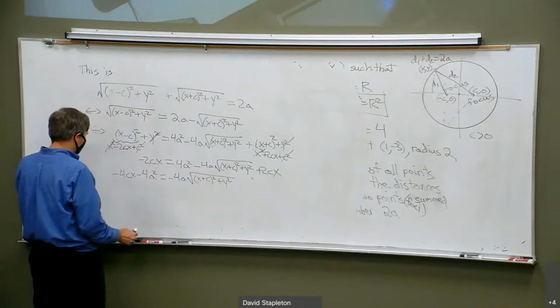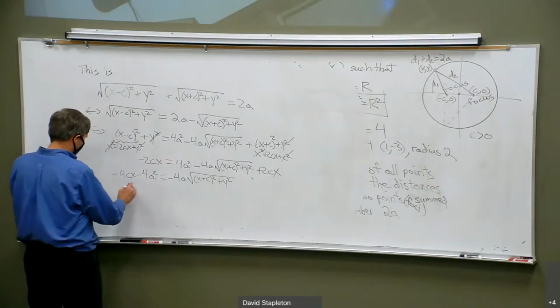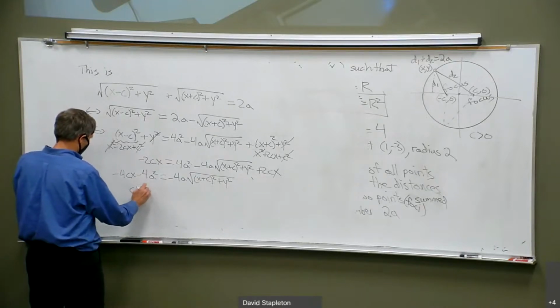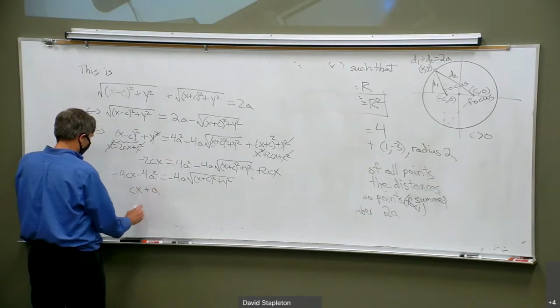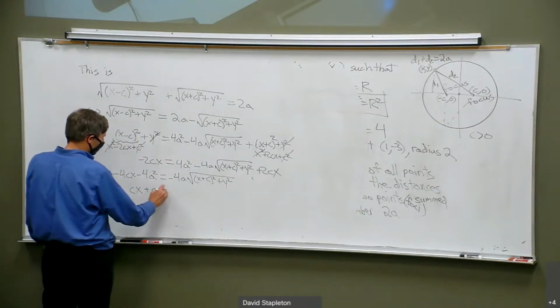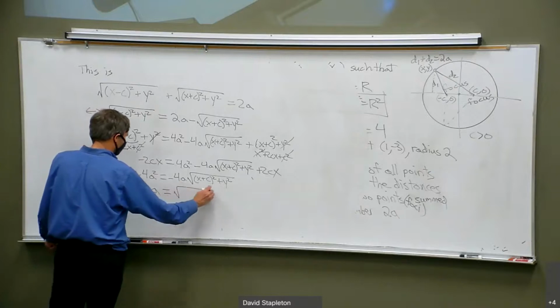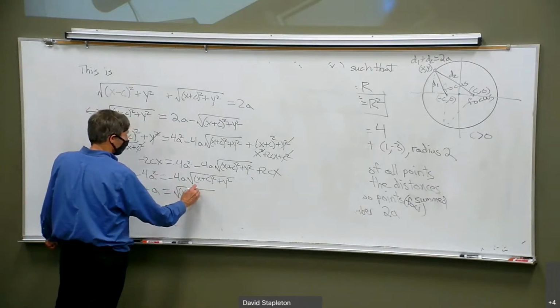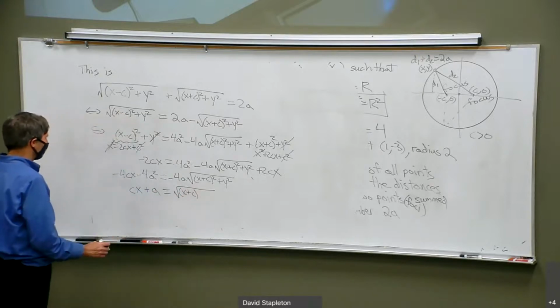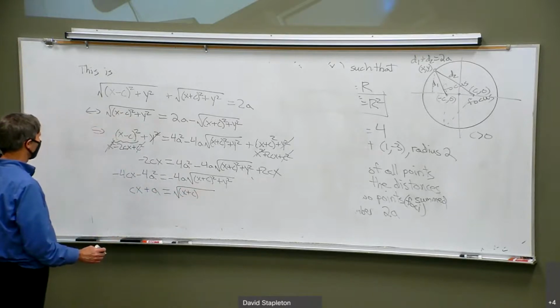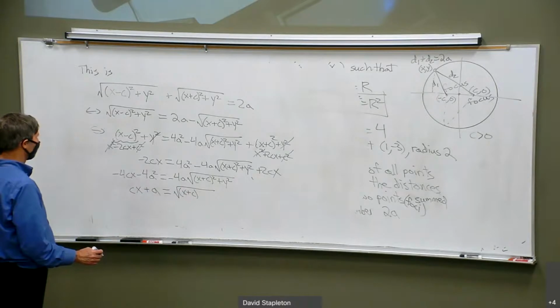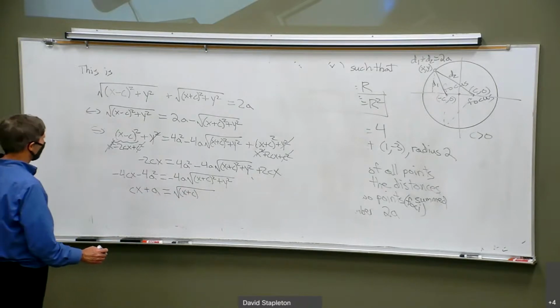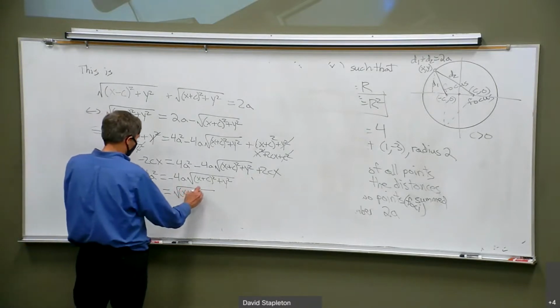And now we can divide by minus 4a, and get cx over a plus a, equals the square root of x plus c squared plus y squared.